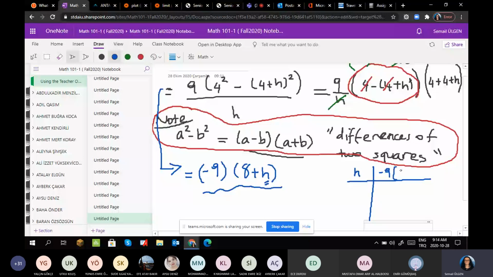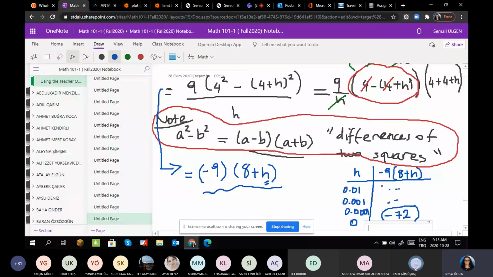When you put numbers very close to 0, like 0.1, 0.01, 0.001, etc., you are going to see these numbers, and at 0 actually, negative 72. The table is going to tell you that these values get very close to negative 72. This is going to be the value of the slope.